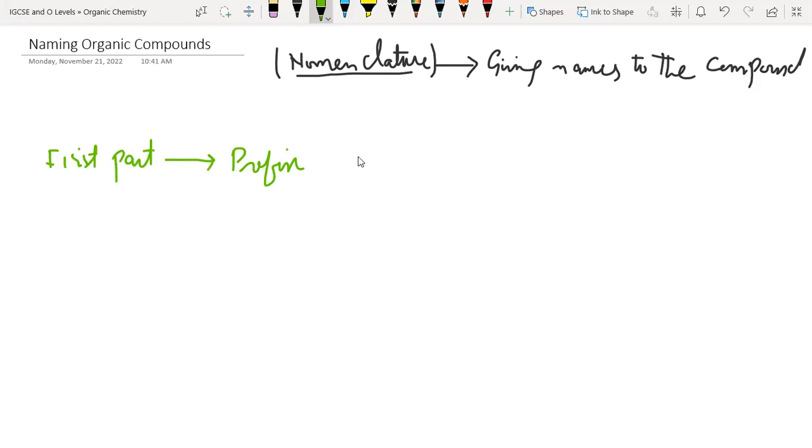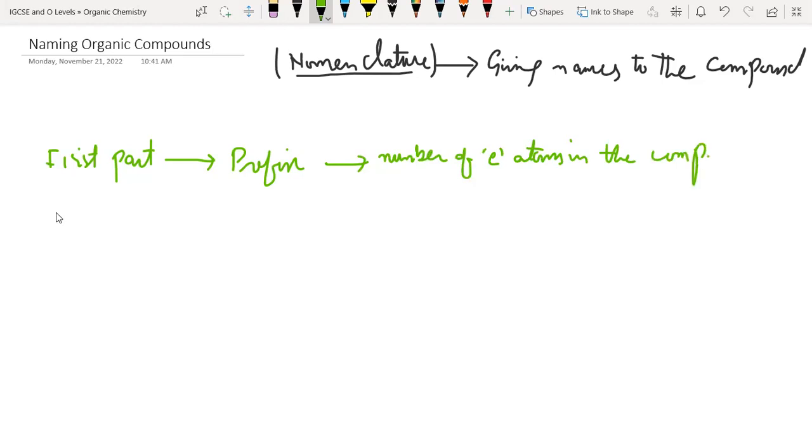What does the prefix represent? It represents the number of carbon atoms in the compound.